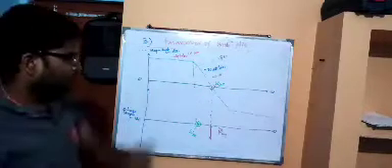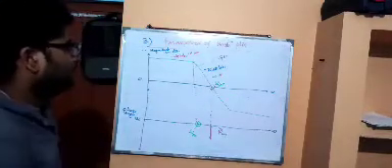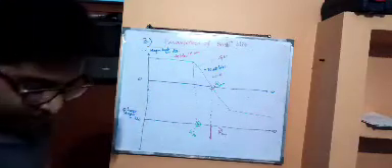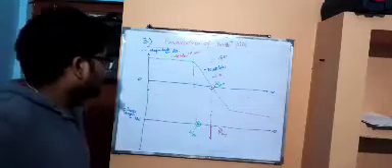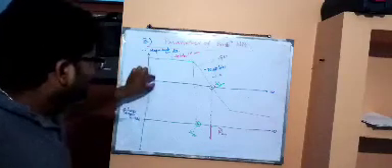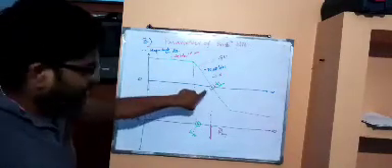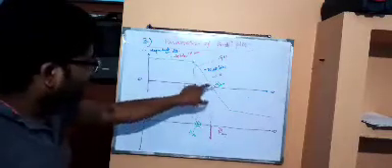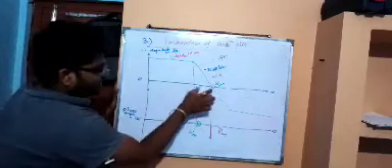So simply from this point we can clearly understand that the frequency at which the gain crosses the 0 dB reference line is known as gain crossover frequency.